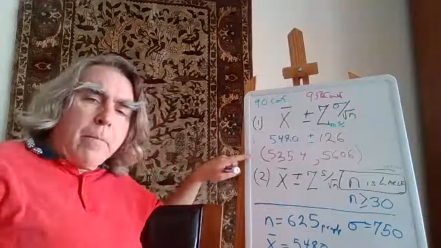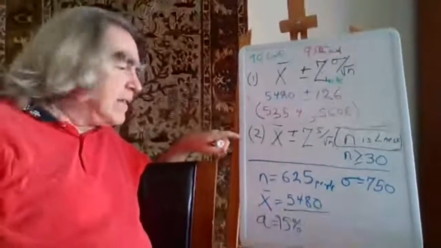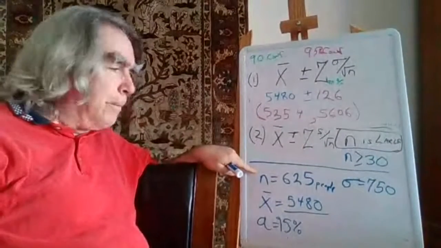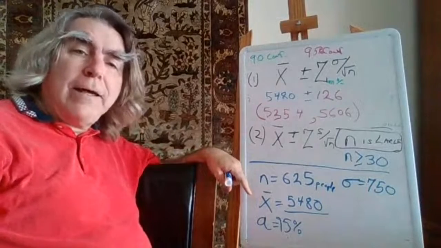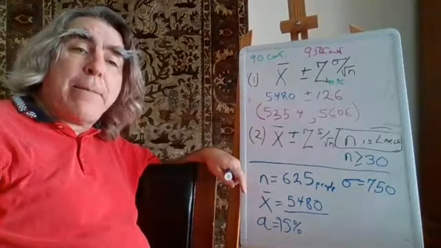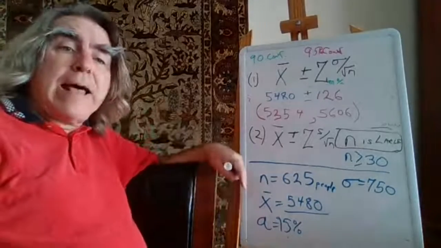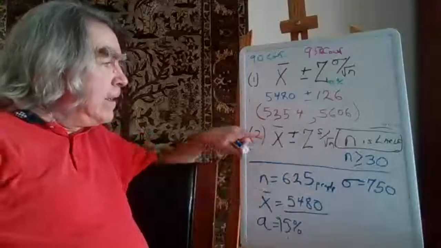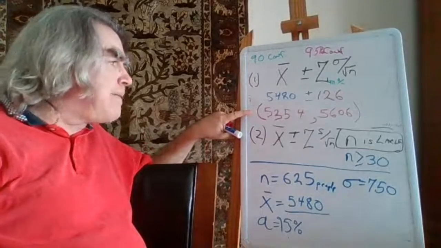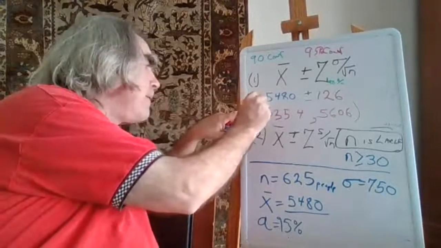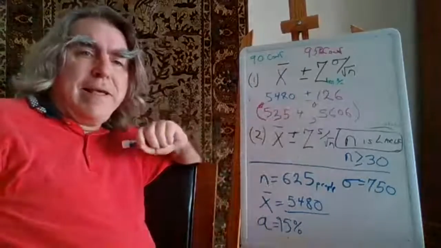Okay, so I can say, after having looked at these 625 people, that the real average, I am 95% sure that the reality is that the indebtedness in America is between $5,354 and $5,606.